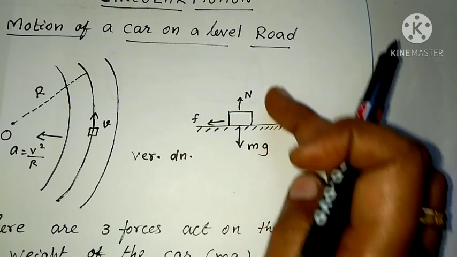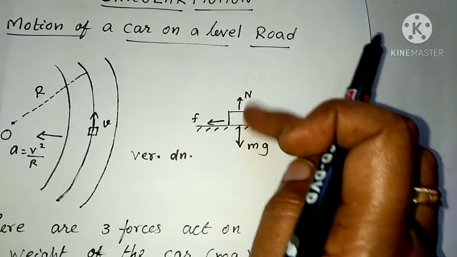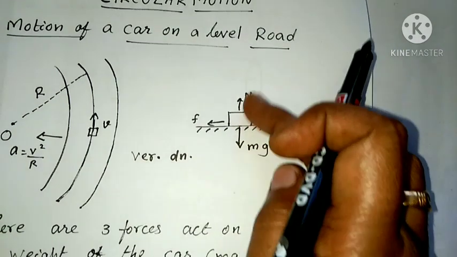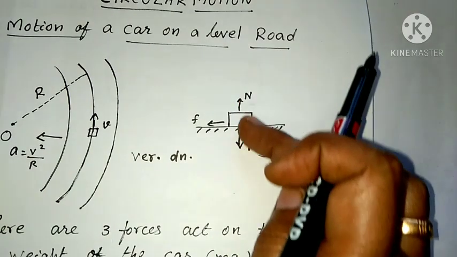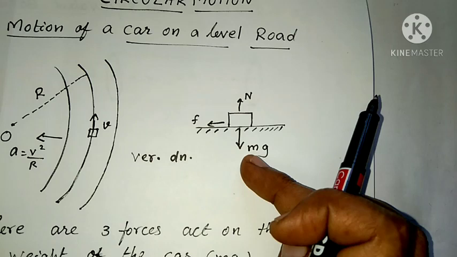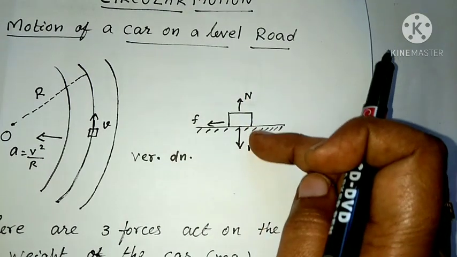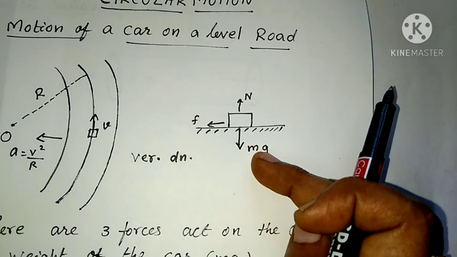So what is the net force acting in the vertical direction? There is no movement, so in the vertical direction the acceleration is 0 and the net force is equal to 0. That means these two forces are equal and opposite to each other.